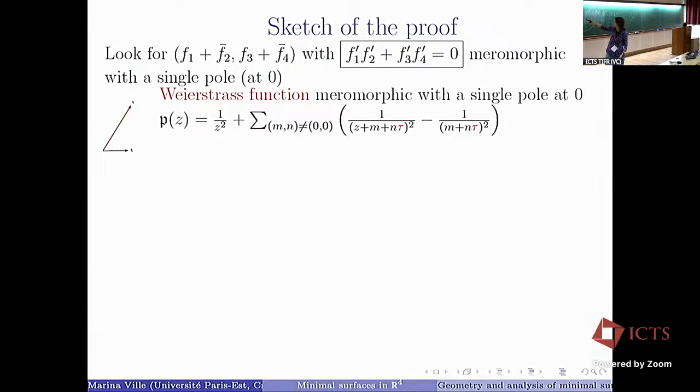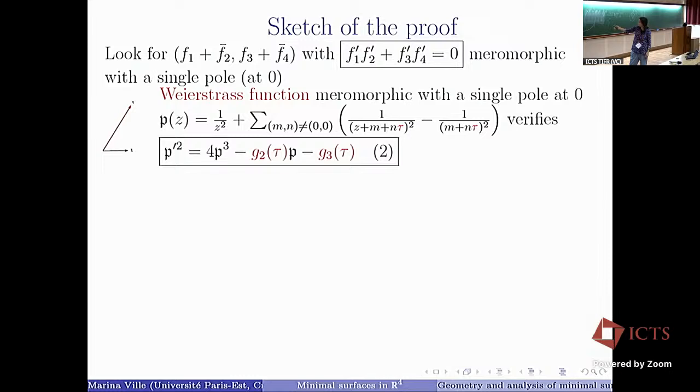I wrote tau in red because I wrote in red the parameters of the equation. There's this nice identity, which I'm writing to introduce G2 and G3. I think it's very meaningful because, as an aside, this is not something I use for the proof, but as general culture, you see this is a cubic equation.